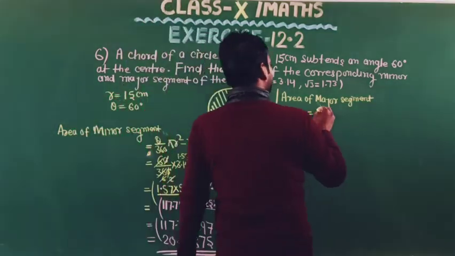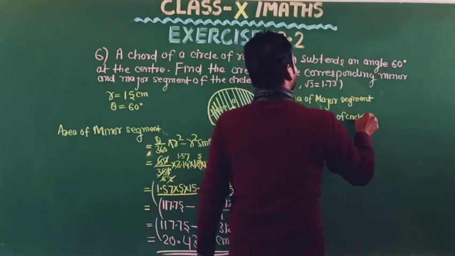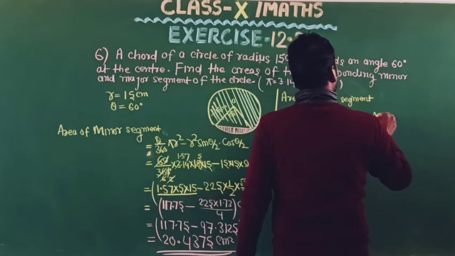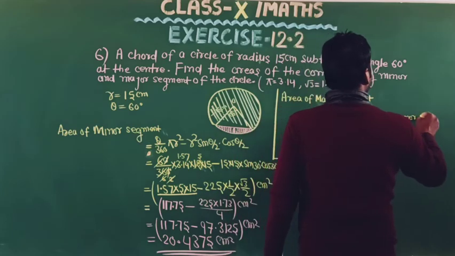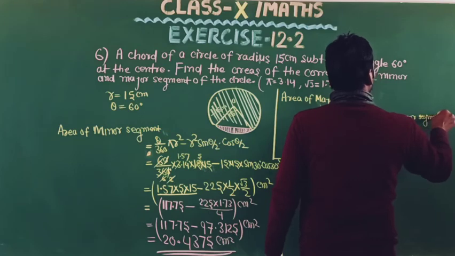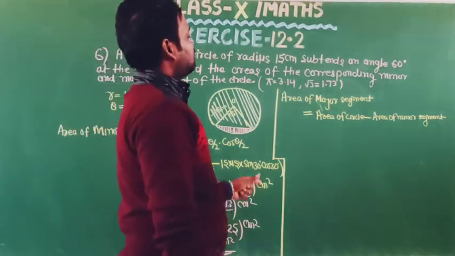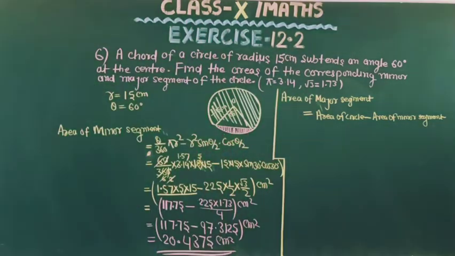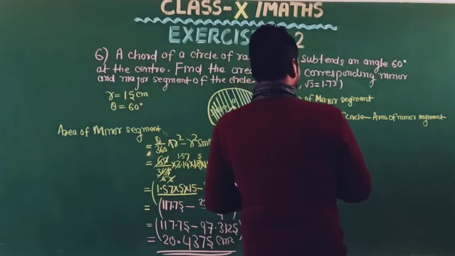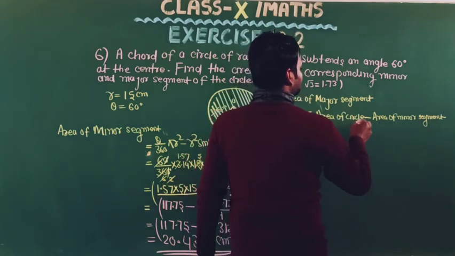The area of the circle is pi r square, minus the area of the minor segment.